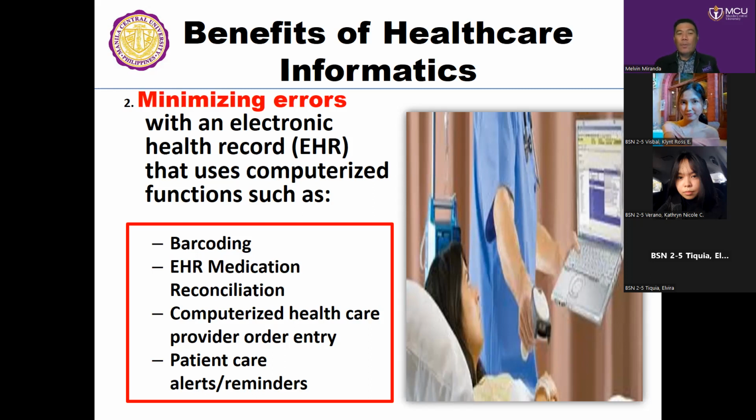Other than that, the nurse can consider that if you have skills in information technology, you can be involved in putting up or designing an application or system that can be utilized by the hospital. This may be considered a contribution to the hospital.